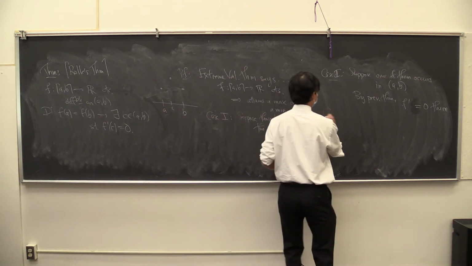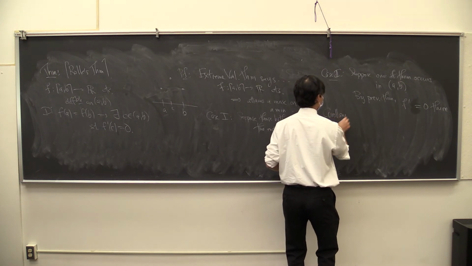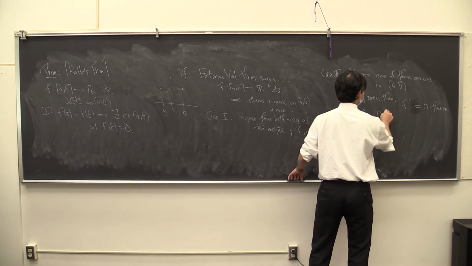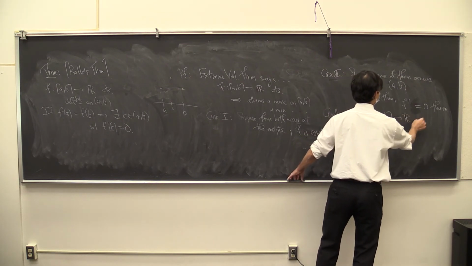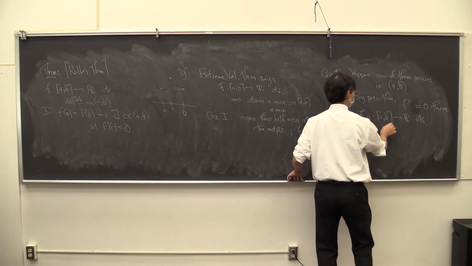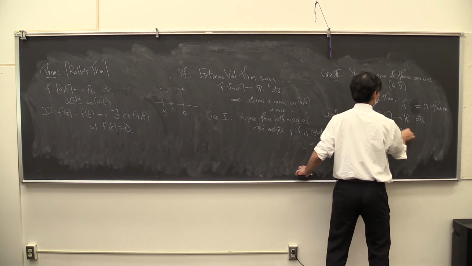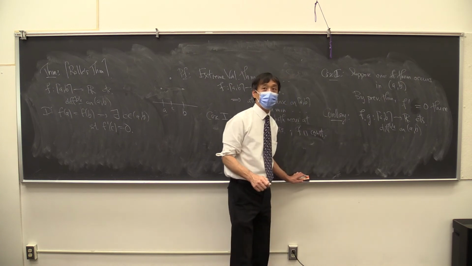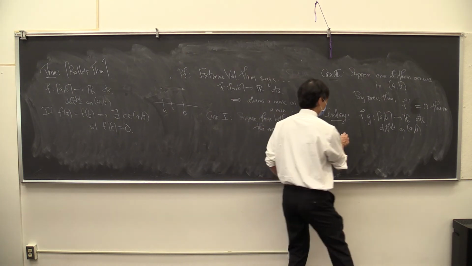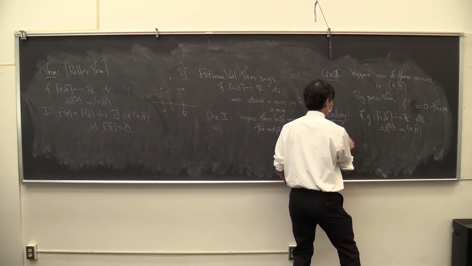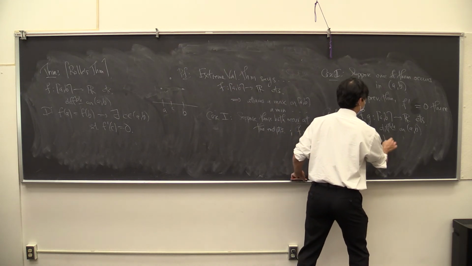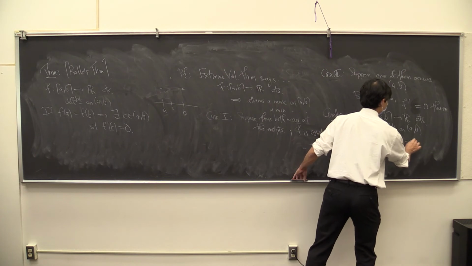Okay. Let me put up a corollary. Suppose you have two functions, f and g, on AB, both continuous and they're both differentiable on the interior AB. Suppose now that f of b minus f of a equals g of b minus g of a.